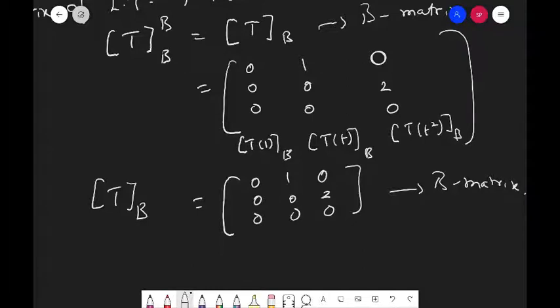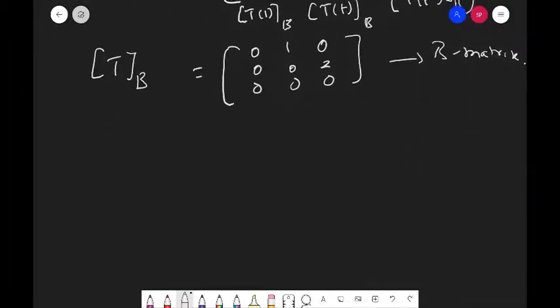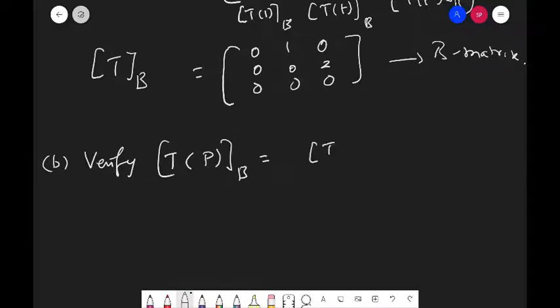What is our B bit? Verify. The B bit asks: verify that the coordinate of T of P with respect to basis B is equal to the matrix of the linear transformation T times the coordinate of P with respect to B. This is what you have to verify now. We know only this matrix now.